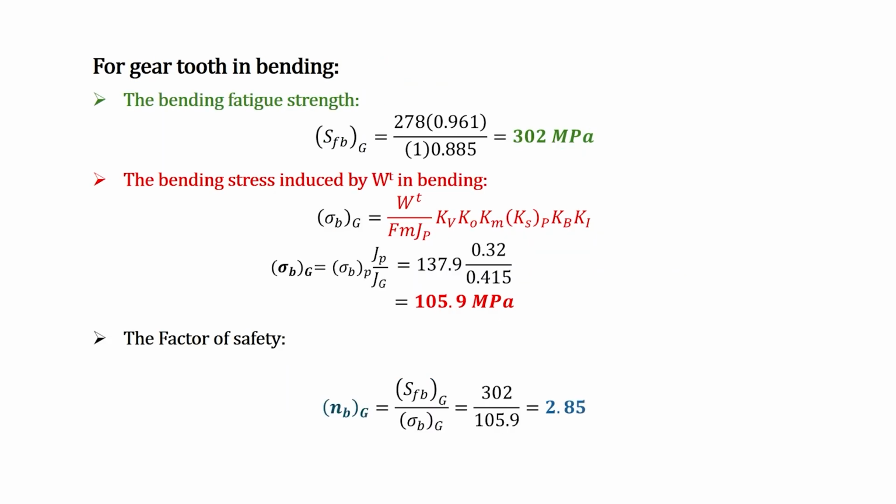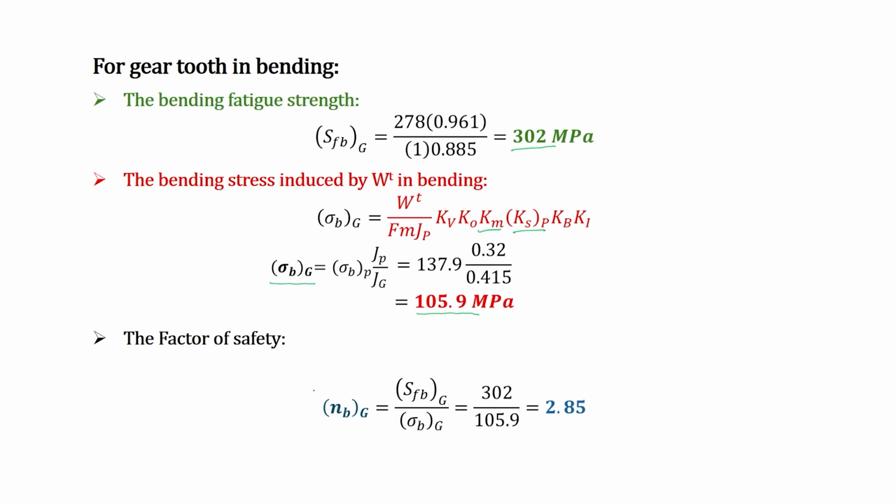Similarly, for the case of gear, the surface fatigue strength is obtained, which is 302 megapascal, and the bending stress with the new value of Km and Ks is obtained as 105.9. Here the bending stress acting on the gear is obtained as bending stress of the pinion divided by geometry factor of the pinion divided by geometry factor of the gear, and it has come as 105.9 megapascal.